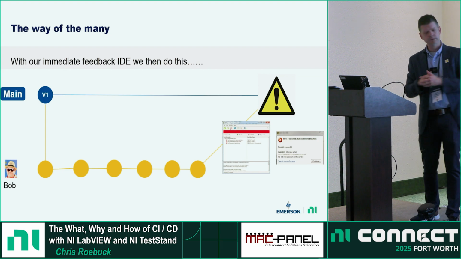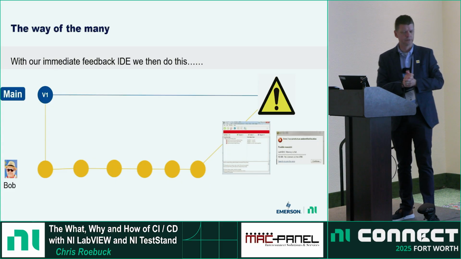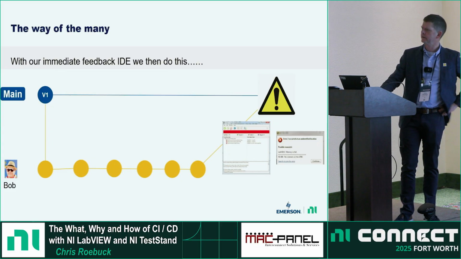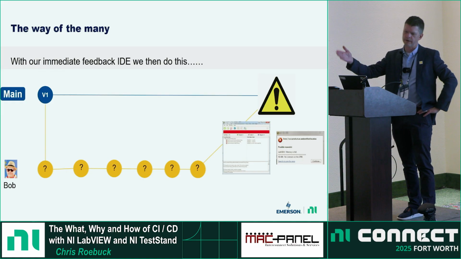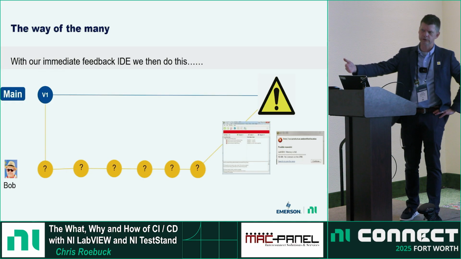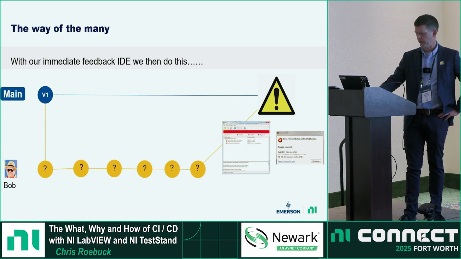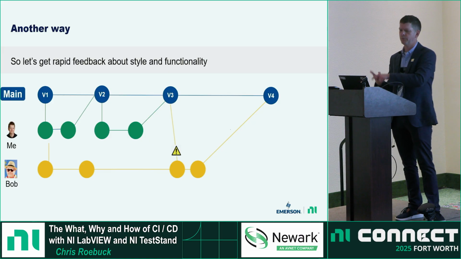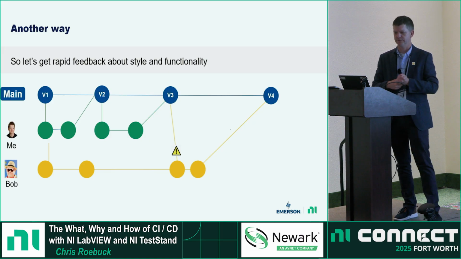At that point, he runs VI Tester, and his VI tests fail, his Application Builder fails, and he says, oh, okay, I wonder which of those commits was it that introduced the error? And honestly, you've got no way of knowing. He's going to have to trawl through each of those commits, see what VIs changed in each of those commits in order to resolve that problem. It's an unhappy mess.